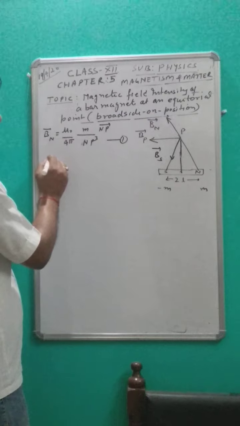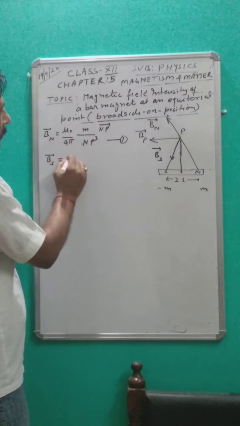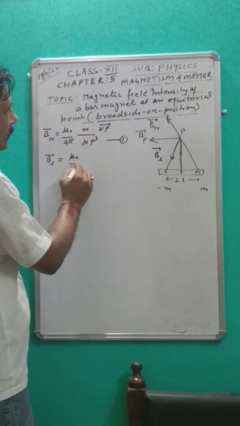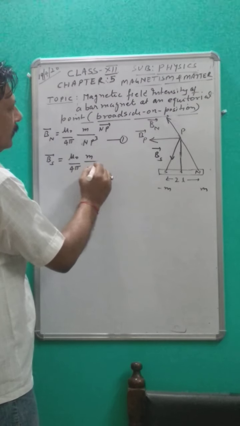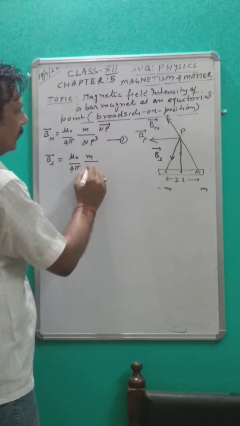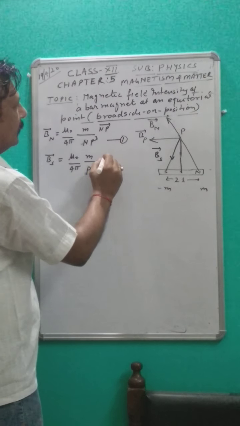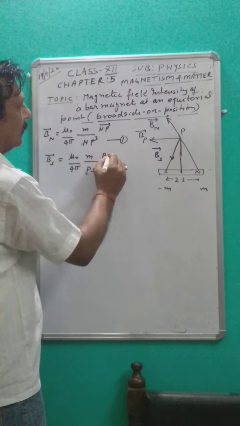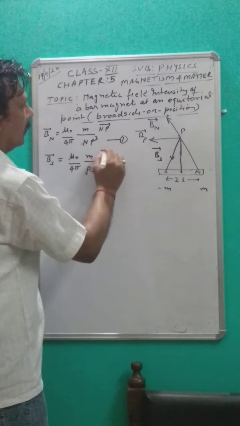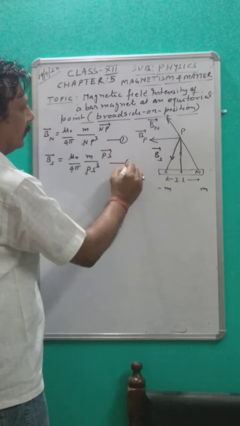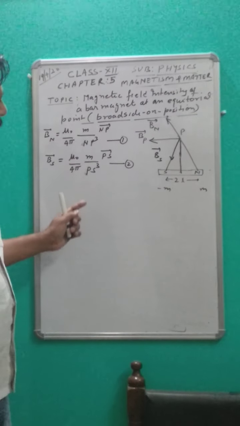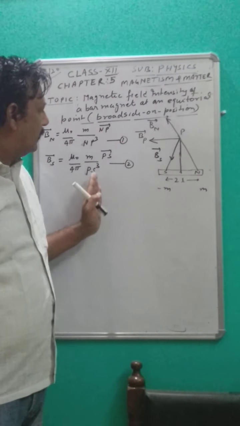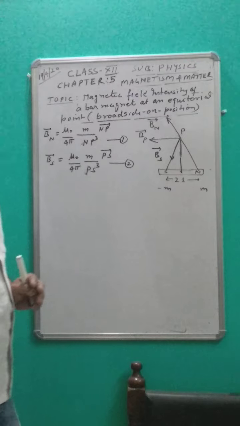Similarly, Bs is equal to mu naught upon 4 pi, m upon PS cube, PS vector.